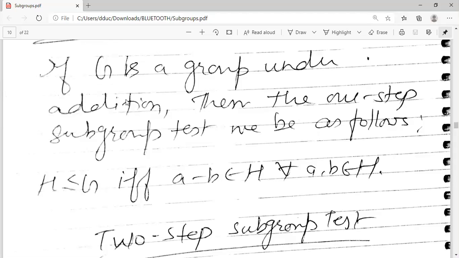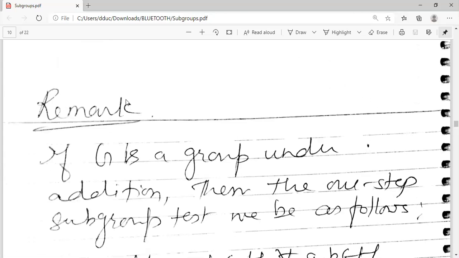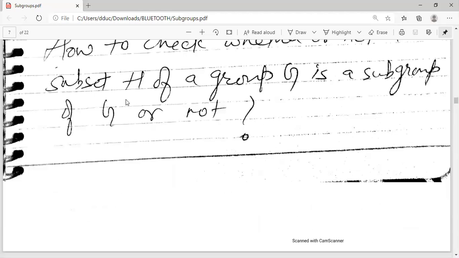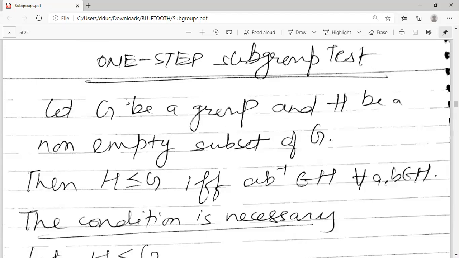In the theorem which we have seen, we were talking about the operation multiplication. The binary operation was multiplication. G is a group under multiplication.